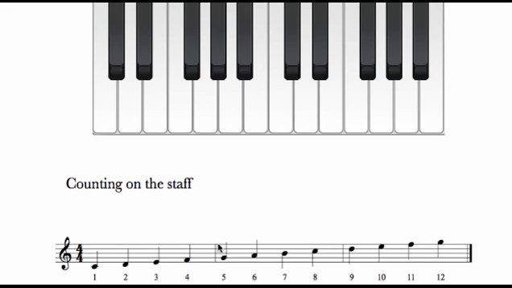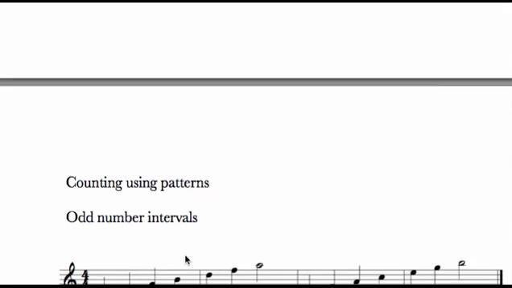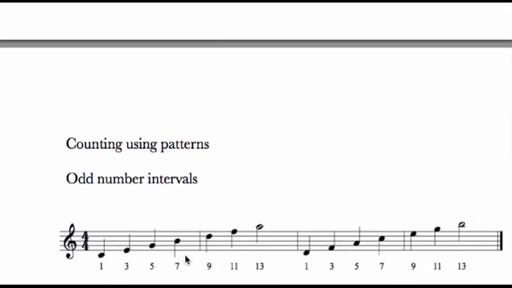Recognize that there are patterns to the way that these tones in the scale appear on the staff. For instance, if we were just to look at notes that appear on the line, and we started here and went up, you would notice they're all odd number intervals.